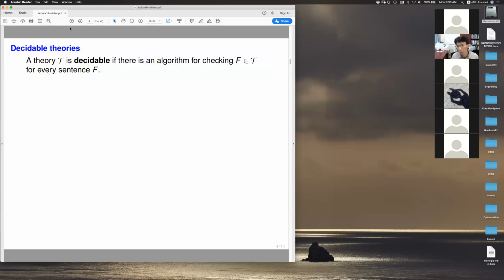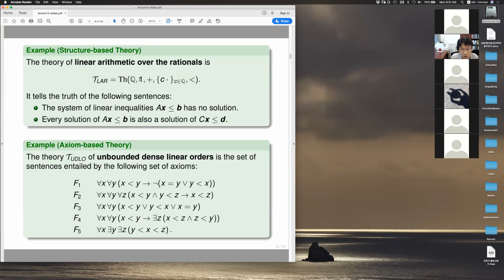Now, here's an important property that we will care about in this lecture, which is decidability. We say that a theory is decidable if there is an algorithm that takes a first order sentence F and returns whether that formula F belongs to the theory or not. Note that although the theory semantically means a set of first order sentences, in the previous slide we didn't write down the infinitely many first order sentences explicitly.